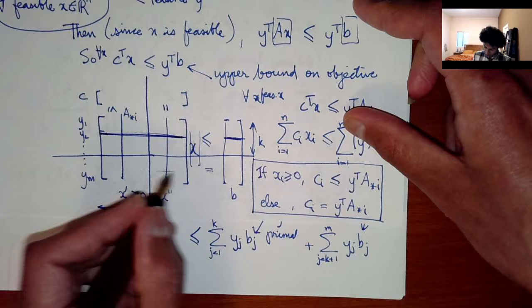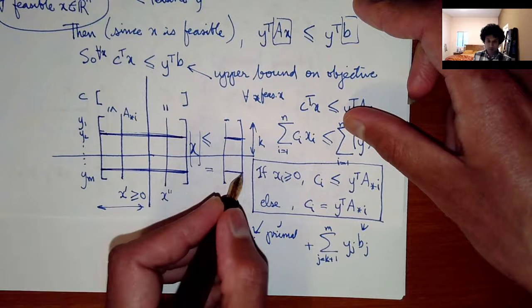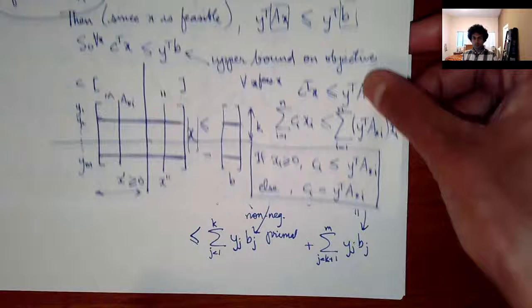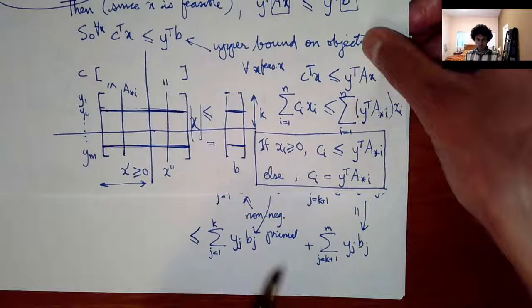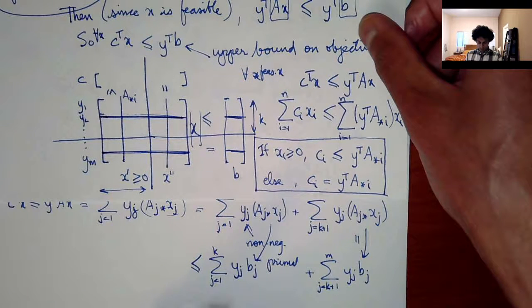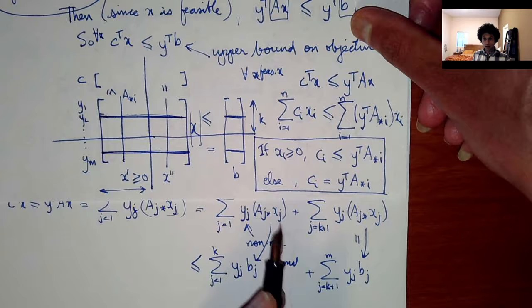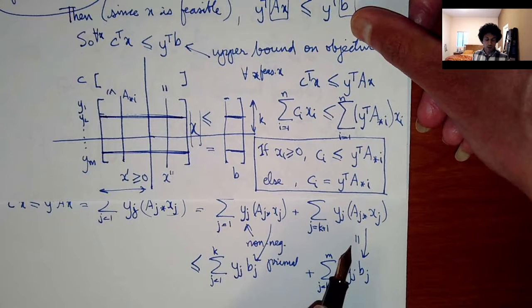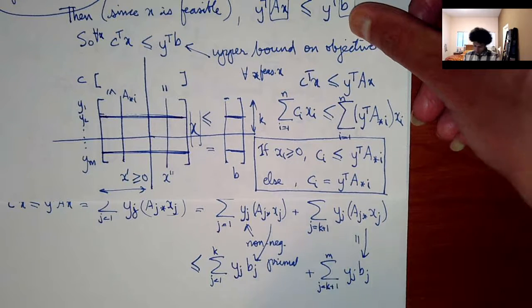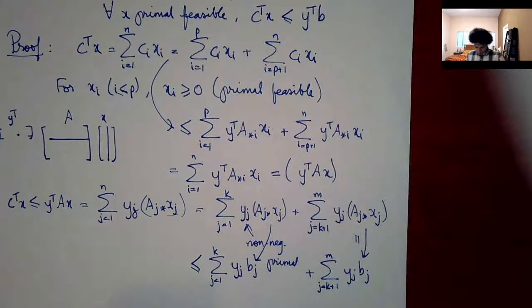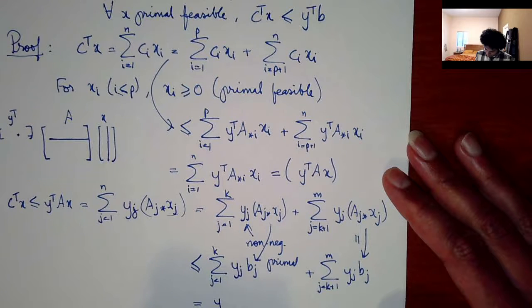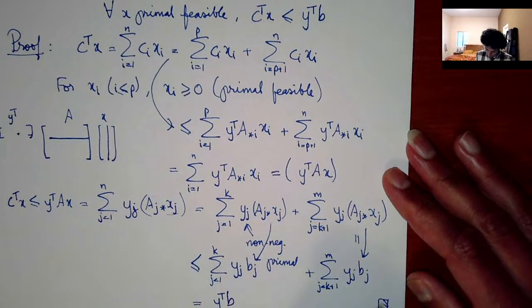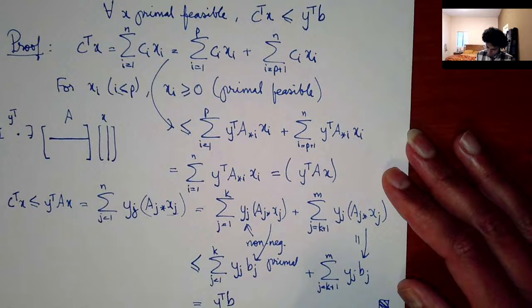You're looking at this constraint here, that is an equality. So that's where this is the x double prime part, and this is the x prime part. And so I have an inequality here, so I need yj to be non-negative. In this part, I have equality. It's okay if I have yj to be unconstrained. And this is exactly y transpose b. So that completes the proof of weak duality.